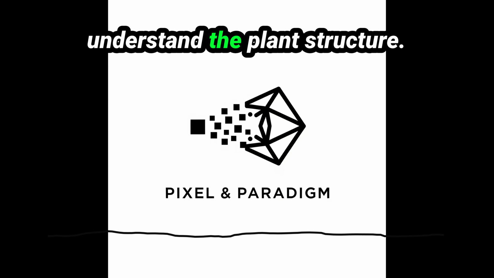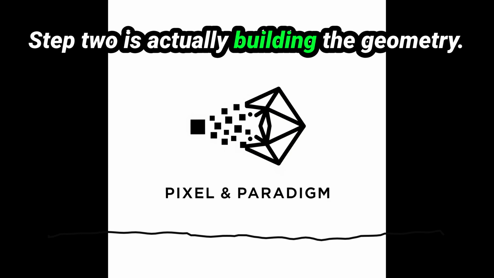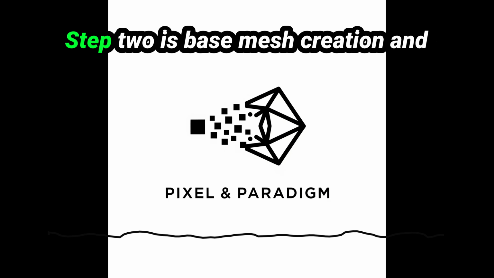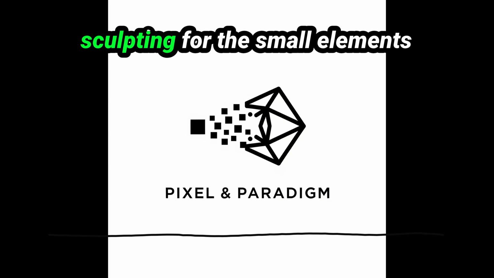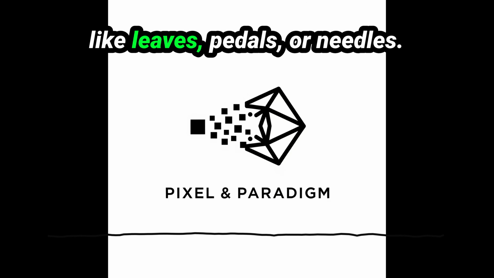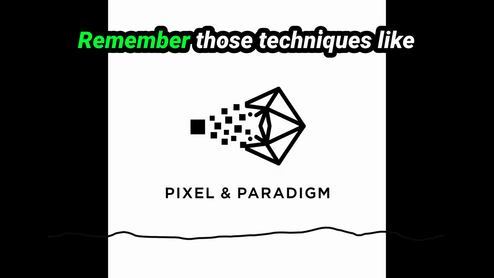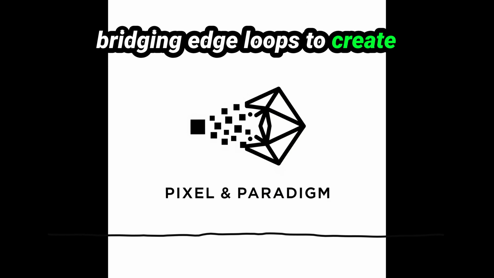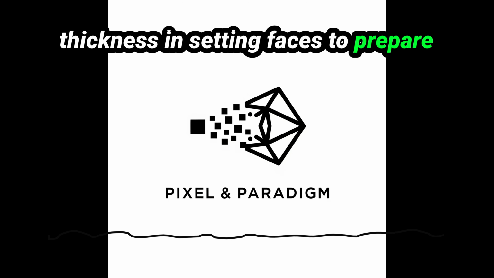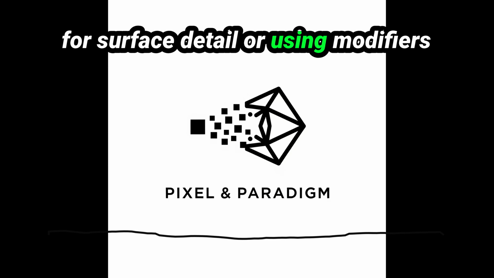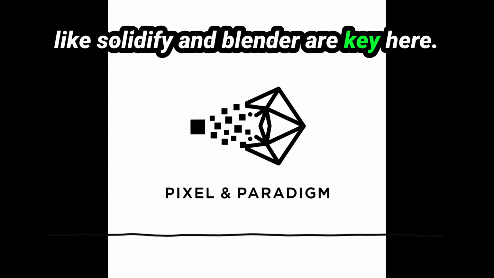Once you understand the plant structure, step two is actually building the geometry. Yes. Step 2 is base mesh creation and sculpting. For the small elements like leaves, petals, or needles, model them individually with geometric thickness. Remember those techniques like bridging edge loops to create thickness, insetting faces to prepare for surface detail, or using modifiers like solidify in Blender are key here.